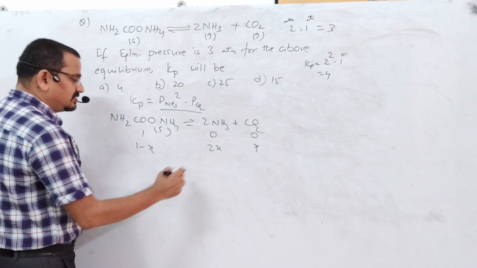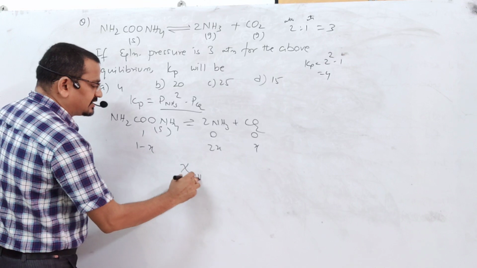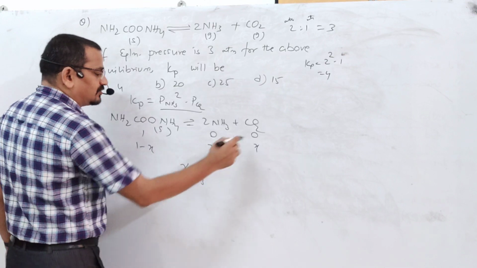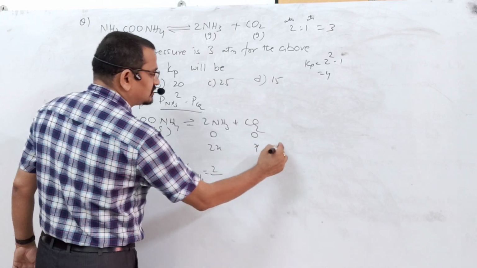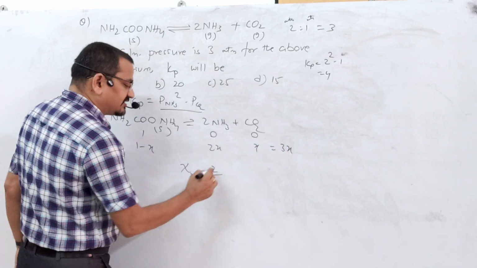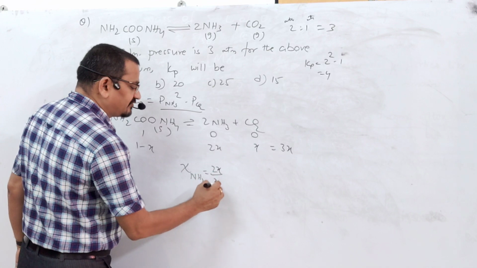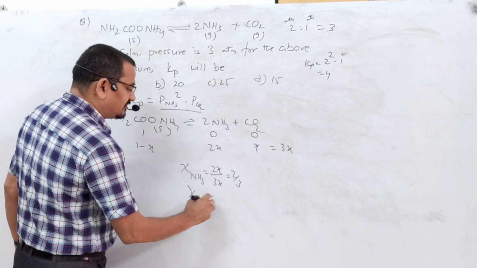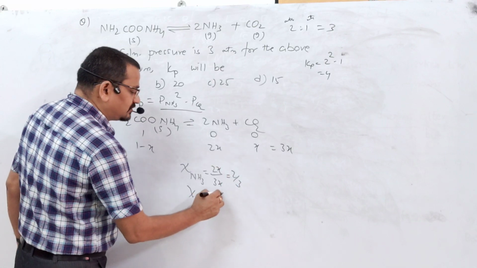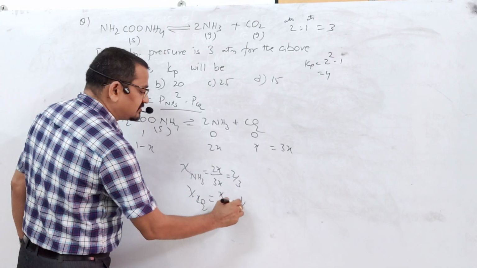Now mole fraction of ammonia: total moles are 2x plus x, that is 3x. So mole fraction of ammonia is 2 by 3. Mole fraction of CO2 will be x out of total moles 3x, that is 1 by 3.